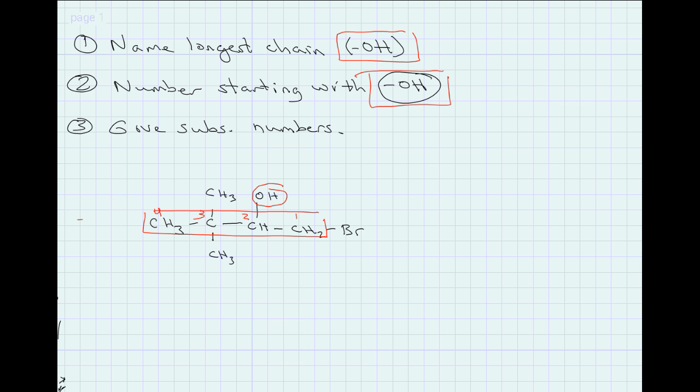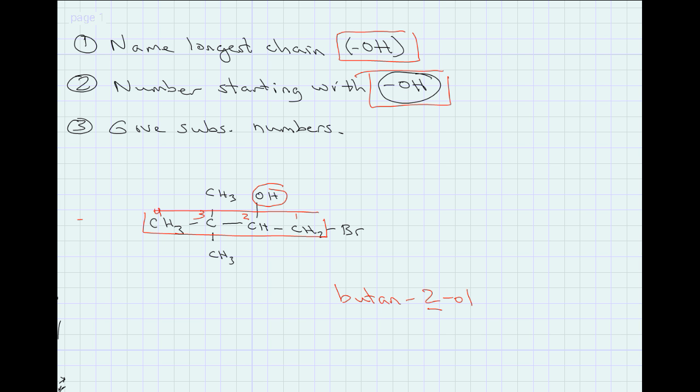So it's going to be a butanol. But we have to put the position of the hydroxyl group, so it's going to be butan-2-ol. Oops, let me fix that. Butan-2-ol. This 2 signifies where our hydroxyl group is.